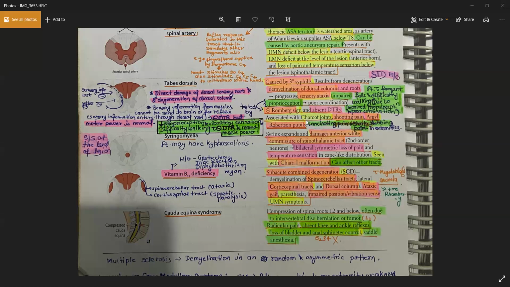Argyll Robertson pupil, you guys already know that the pupil will constrict on accommodation, but it won't constrict to light, right? And what is the other condition where you get the Argyll Robertson pupil? What was the other condition?